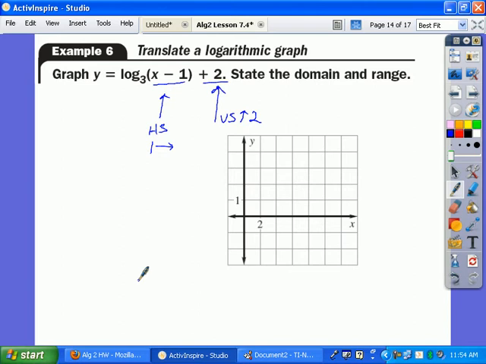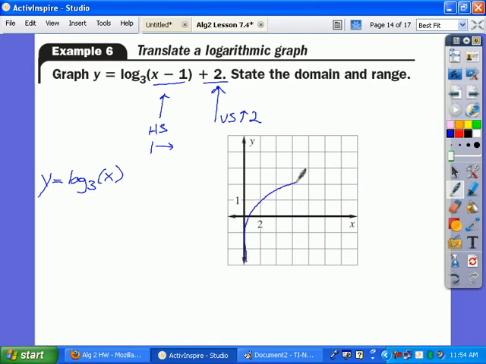Whatever that looks like, I'll put that roughly on here. Let's say that roughly is what the parent function looked like. Well, I transform it. How do I transform it? I take it up 2 units. Up 1, up 2.